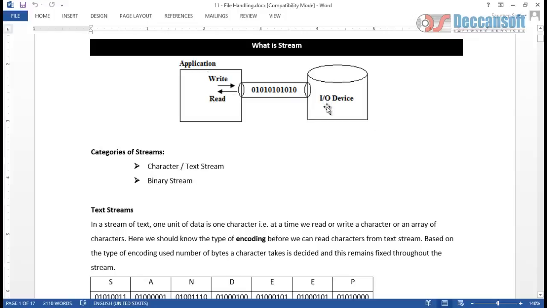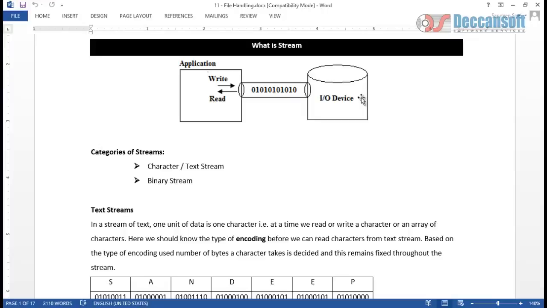So whenever we want to read or write, we should identify the proper stream, and of course we have to identify what our IO device will be. Till now, in all the examples we have learned so far, where we used scanf, printf, gets, puts, getch, all this, the target was always the monitor and keyboard.